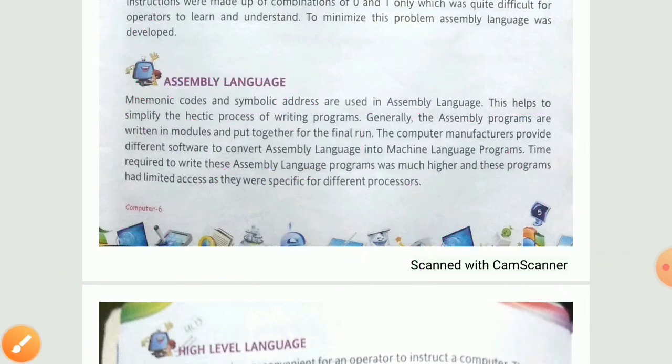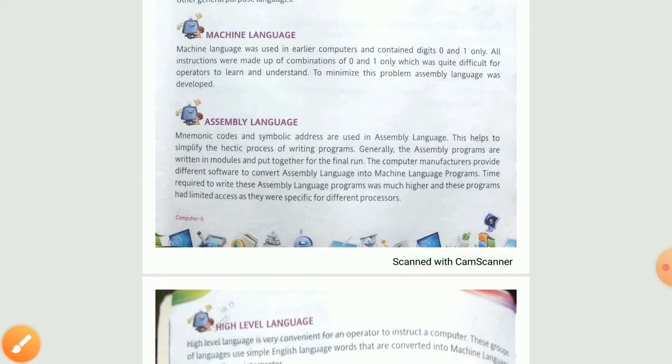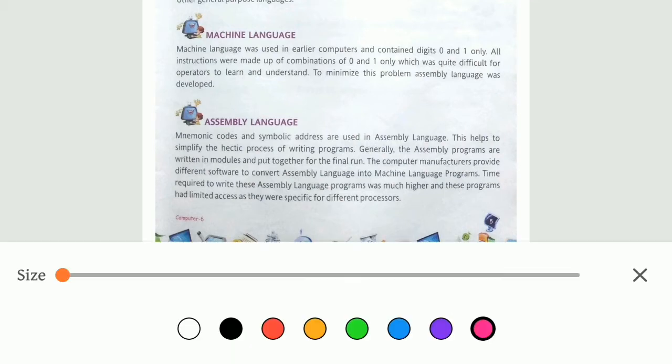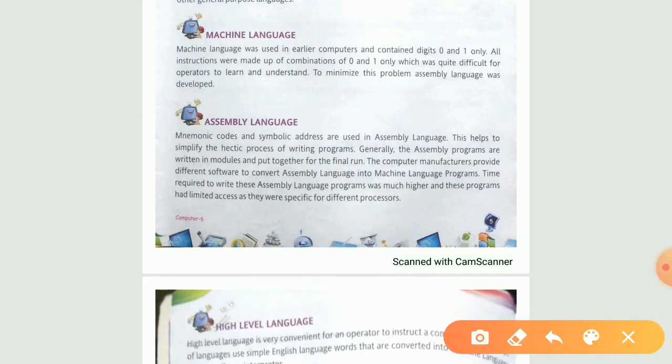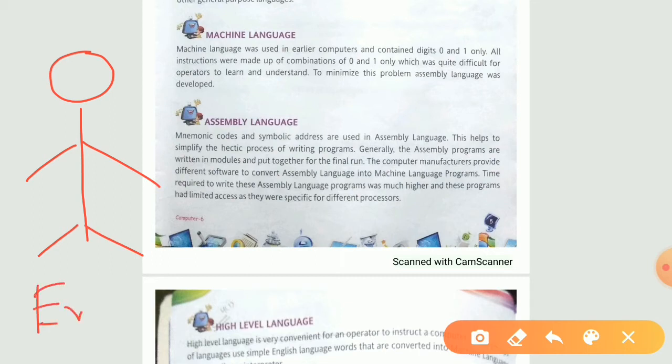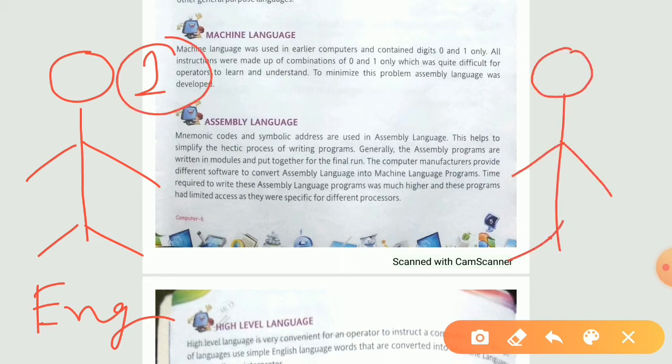Now let us take one example so that you can understand very clearly about this assembly level language. Consider a situation in which you are present over here, and you know English. Consider person number 2 is present over here, and this person knows Japanese.